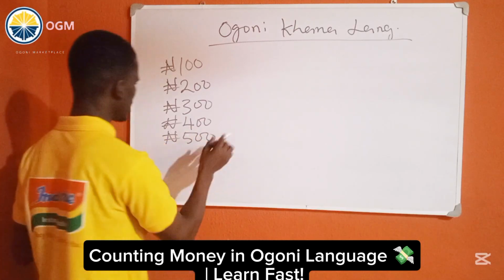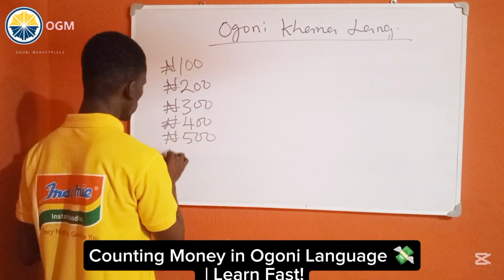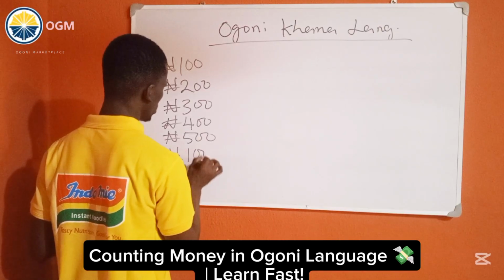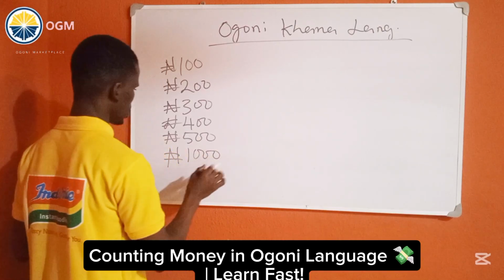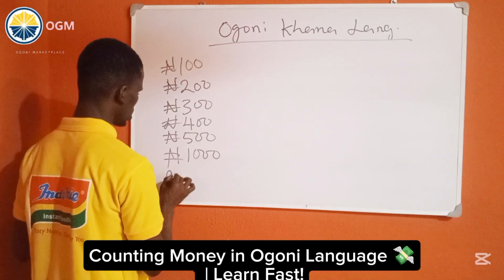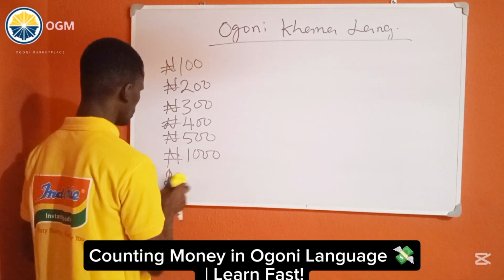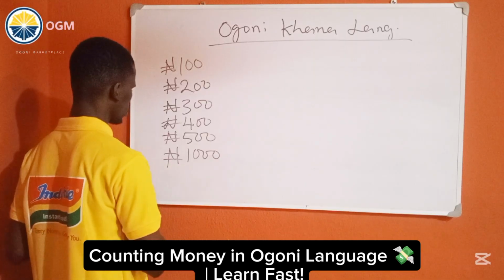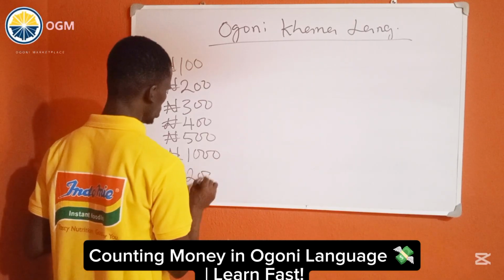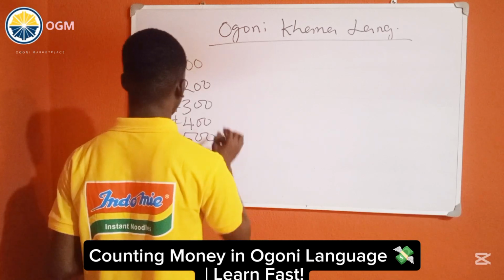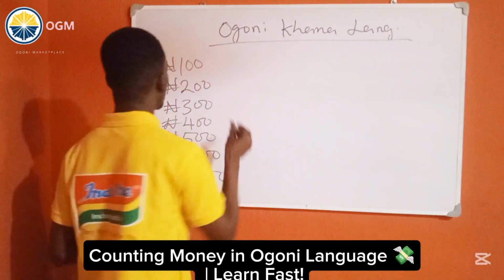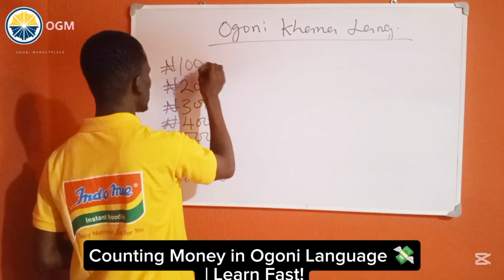So from here now, let's go to 1000 naira, and here we have 2000 naira.